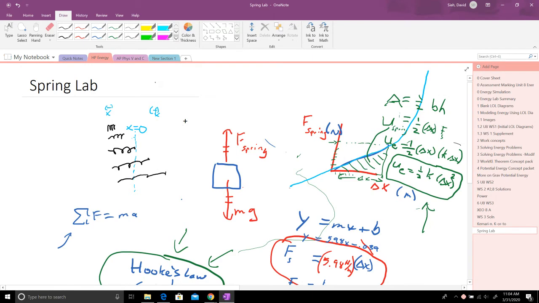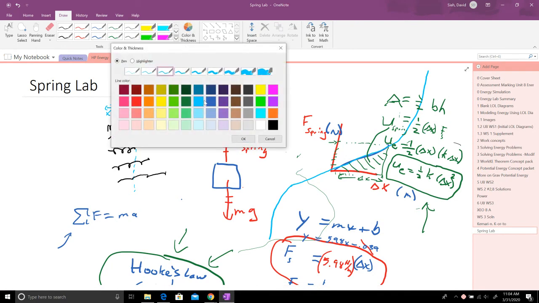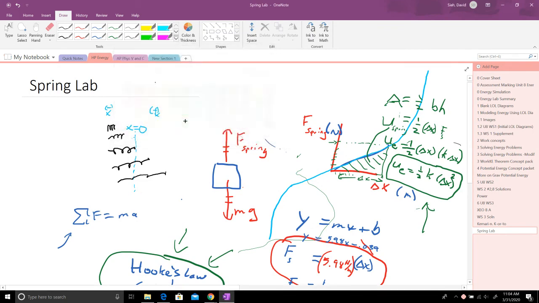Once those coils get pressed into each other, now I'd have to actually smush the metal. And so the point is, Hooke's law only applies over a certain range. It only applies to small stretches and crushes.